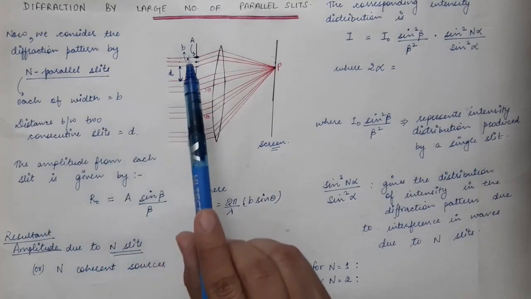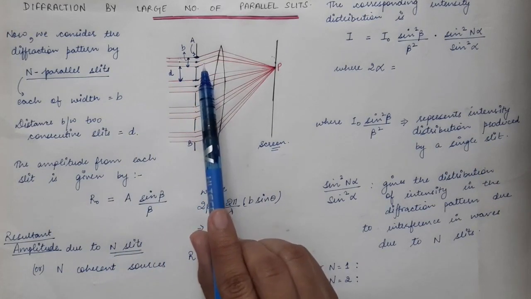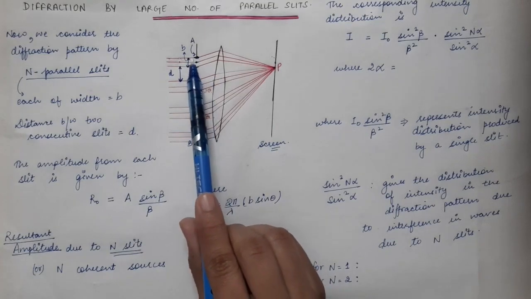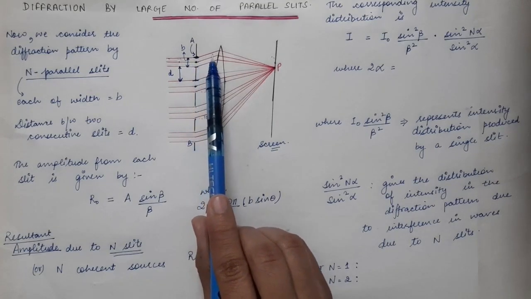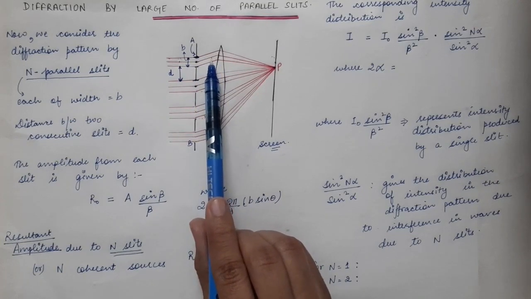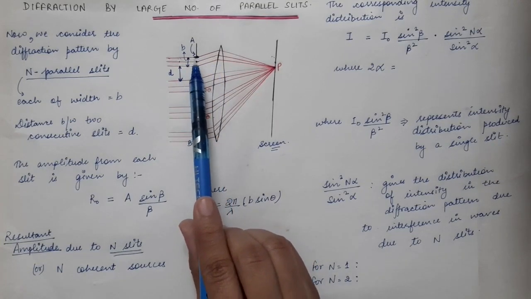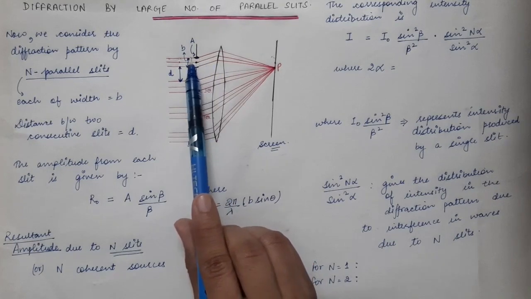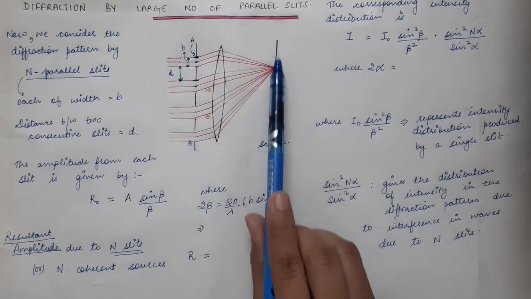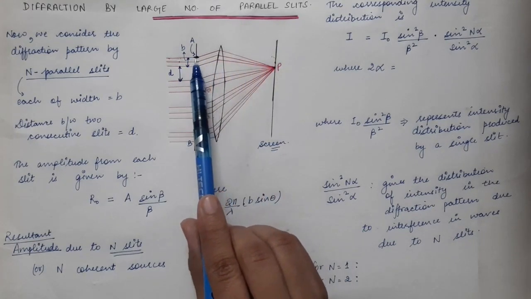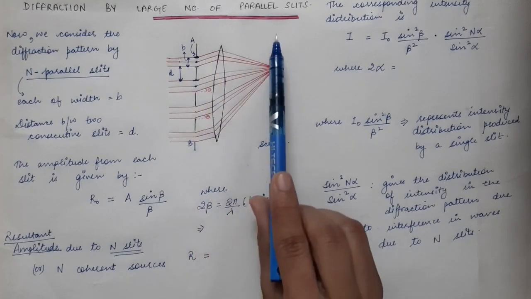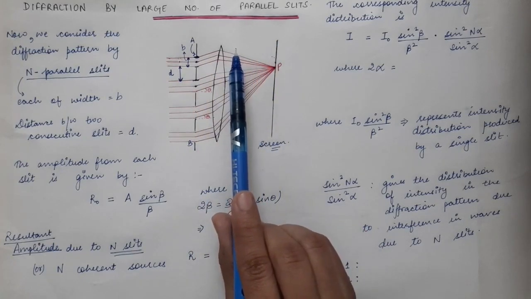First of all, we have seen in the case of double slit that each slit is responsible for its own diffraction pattern. As we have seen in the case of single slit diffraction, if you have only this slit, then a diffraction pattern is obtained, meaning the light will get bent in all directions and the diffraction pattern will be obtained on the screen.